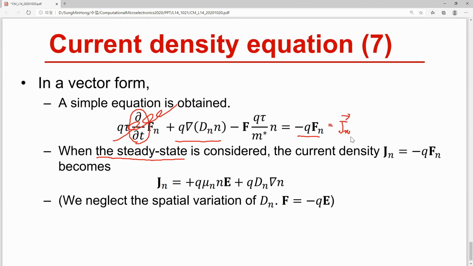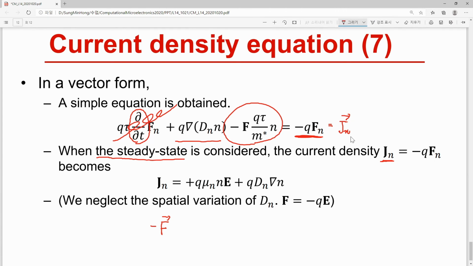Now our j sub n can be expressed as follows. Here we have the force related term. So let me write down once again: minus f and q tau over m star is written as mobility, and n.